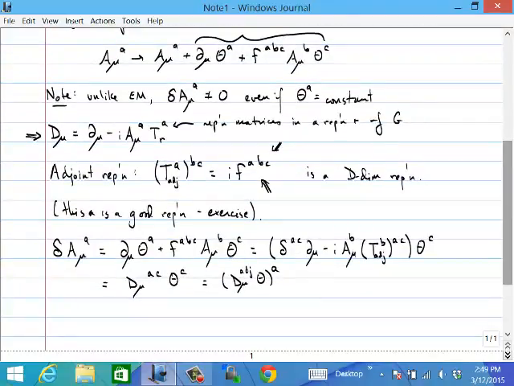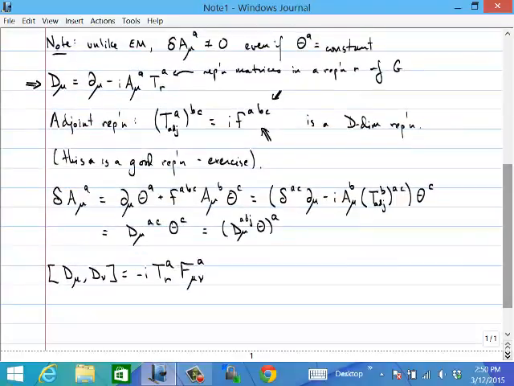So that's nice. I mean, we shouldn't be surprised at this point that covariant derivatives are appearing all over the place. So for example, just as a reminder, another place that covariant derivatives appear is that if you compute the commutator of two covariant derivatives in a given representation, then you just get what we call the curvature F, or the field strength F, of the gauge field.